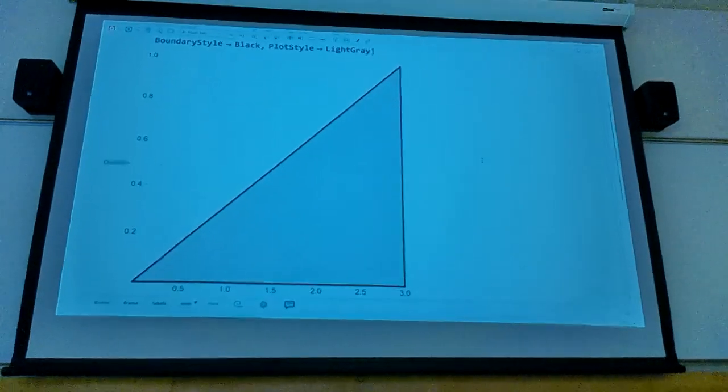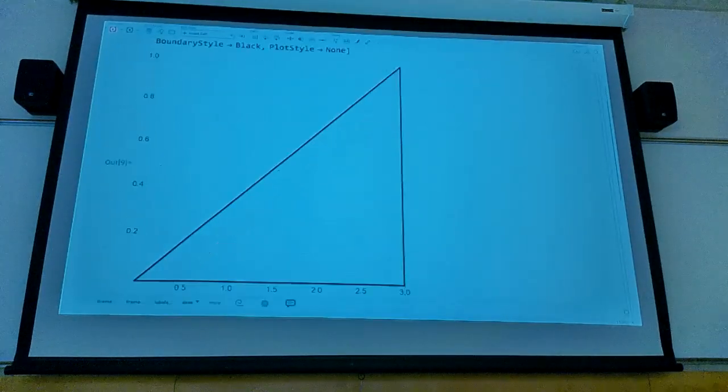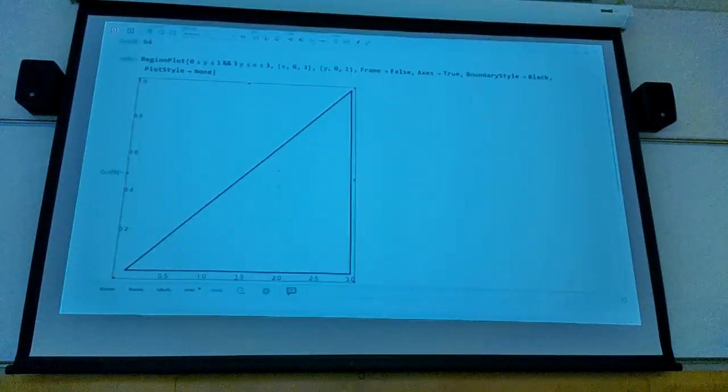I can edit things too, by the way, in Mathematica, which is actually what I'm going to do. So I'm going to switch this back to none. So I'm going to need to lower this magnification. Double click it. And so notice how if you just click it once, your outline is orange.